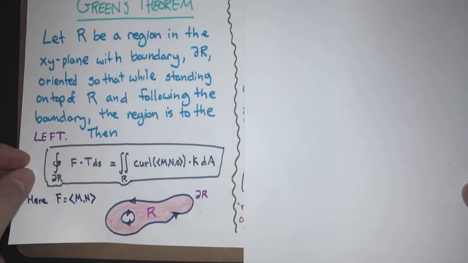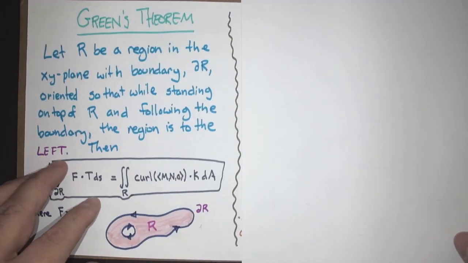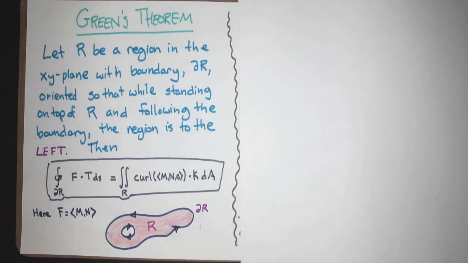Okay, now, what we want to talk about is a generalization of Green's theorem. So, let's put up Green's theorem first to remind ourselves. Green's theorem says, suppose you have a region in the plane, and we call it R. And the region has a boundary.